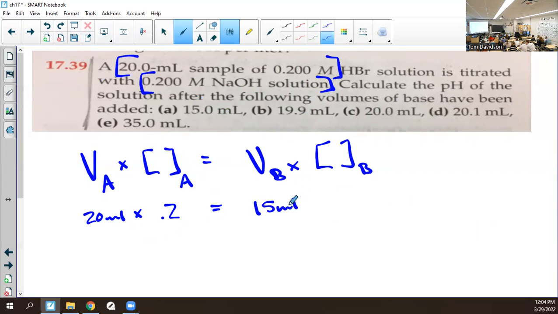But do I know the concentration of the base? This time I do, right? It's what? 15. So I should have read this better, because this isn't titration math. It was 15 milliliters right here.